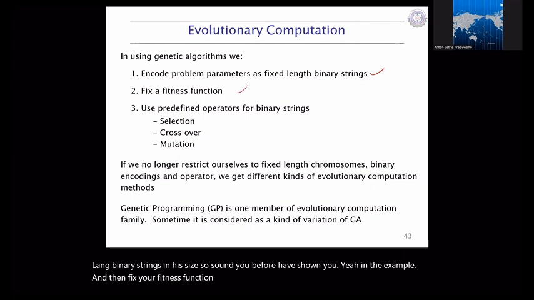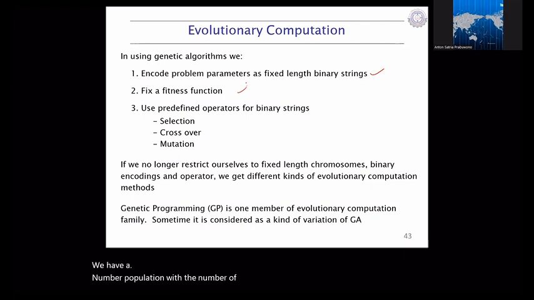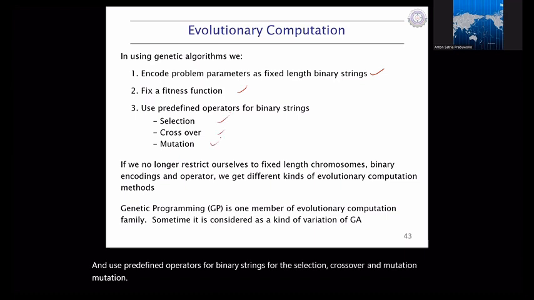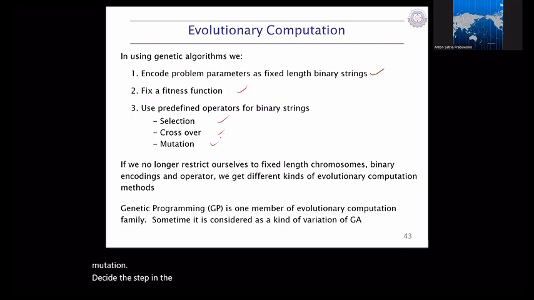So we have a population with a number of individuals, and we have a value for the x based on the binary. So we have a decimal, and after that we have a fixed fitness function. So fixed length binary string, fixed fitness function, and use predefined operators for binary strings for the selection, crossover, and mutation. So these are the steps in the GA and evolutionary computation.